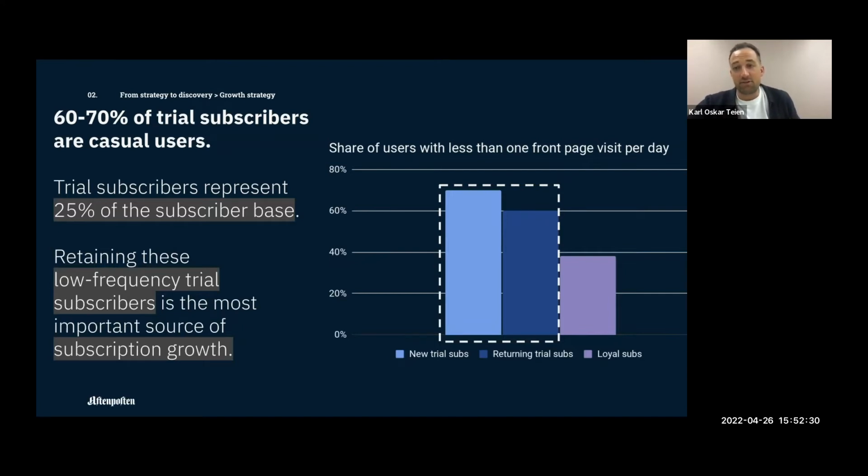So it's a large share of our subscriber base. And secondly, if you're going to grow, well, what's the main way that we grow? Well, the main way that we grow is by retaining the users that have just started subscribing, right? So if we care about growth, we really have to care about those users that visit us less than once per day, because those are, after all, the majority.